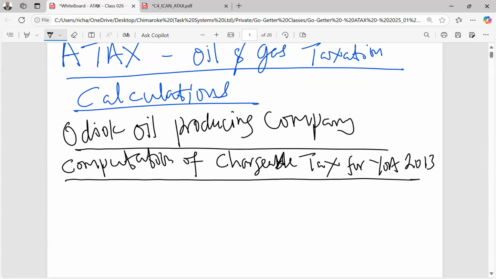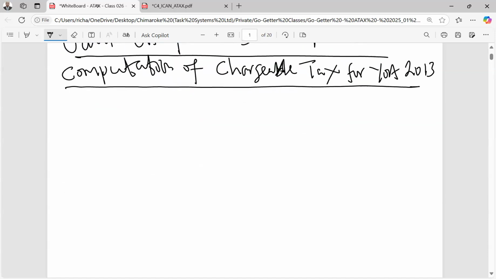So this is done. So the first thing you will do, this is what we are going to do now. We are going to put our two naira sign.